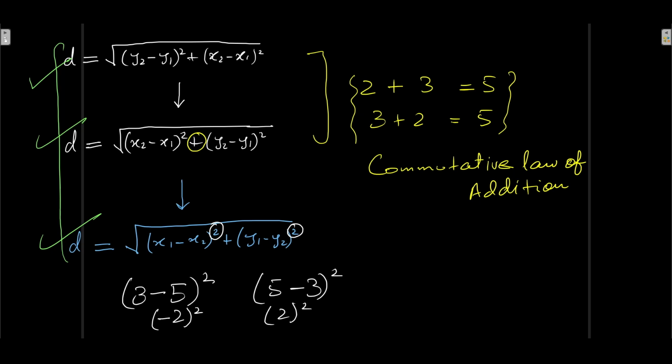But still, in the end, a negative base with an even power will give you 4, and even here 2 square is 4. That means this bracket right here and this bracket right here make the same identical sense.